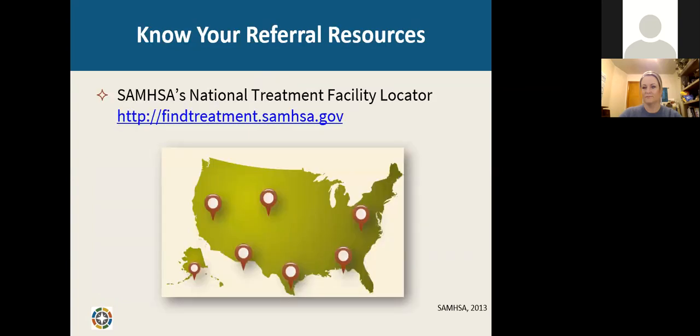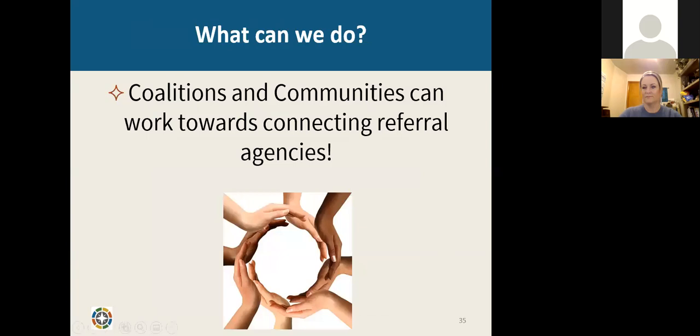Now, SAMHSA at the national level, they do keep a treatment facility locator. So this is something that we can look to help on a federal level. We can definitely access that as well, and that may be a resource that we can share within our community. So again, I really think coalitions can hold a strong key to connecting resources within our communities.